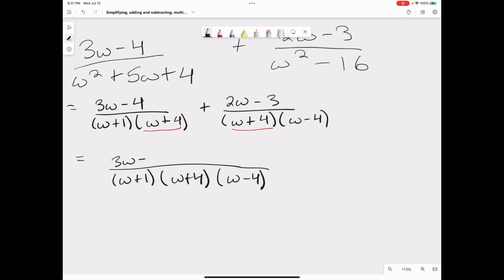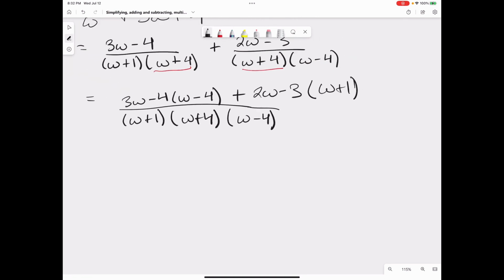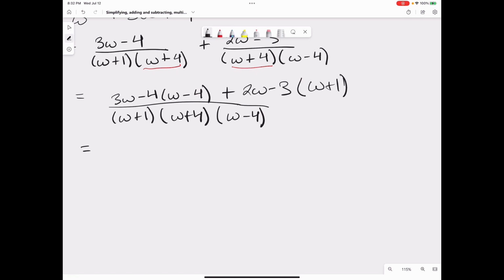So 3w minus 4. Of course, as we said, this fraction is lacking the w minus 4, so we have to add that to the top. And this plus comes from here. And then 2w minus 3. We have to multiply w plus 1 to it. Then we have to expand.